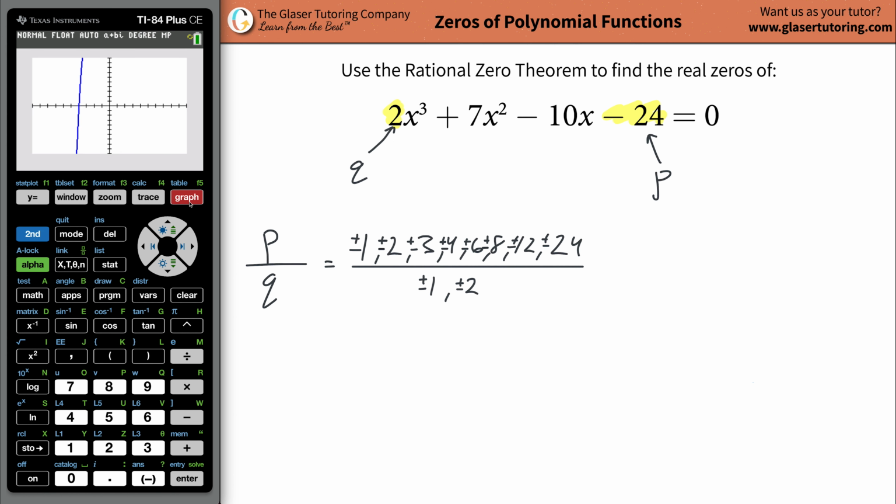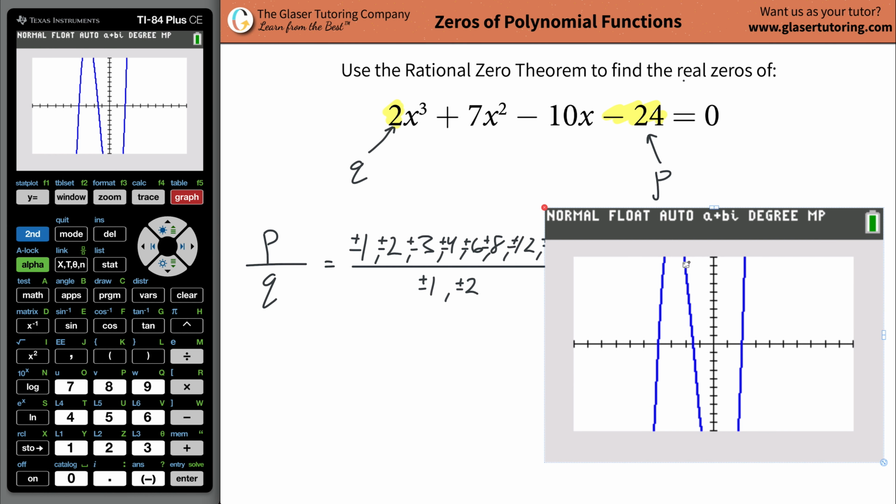And then hit graph. Now, if you notice, this function is going to cross the x-axis. Remember what zeros mean: zeros are the values of x where the function crosses the x-axis. If we zoom in a little bit, it looks like the function crosses right around -4.